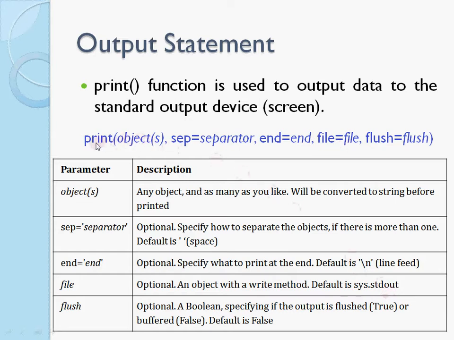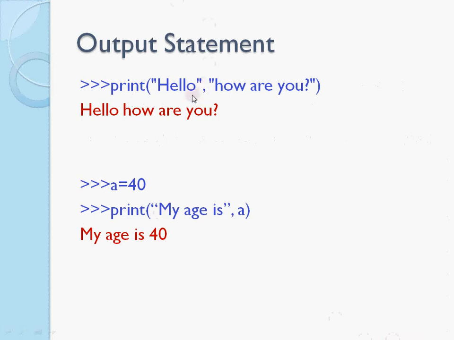So here the print statement takes the first argument as objects. Since we are saying it is objects, we can have any number of objects. Each object should be separated by a comma. Here is an example for the print statement which takes two arguments, a string and again a string.